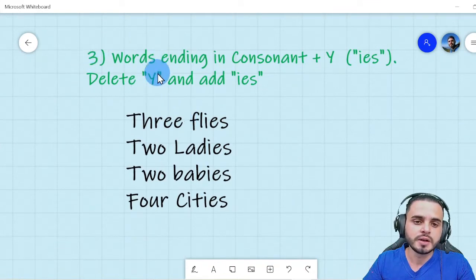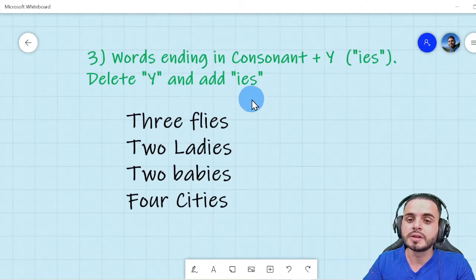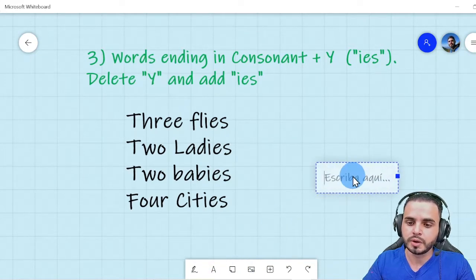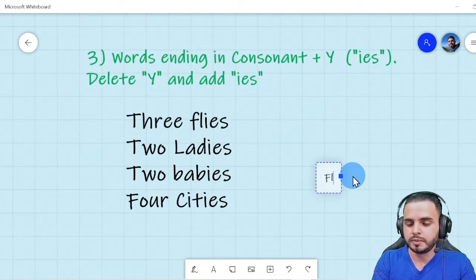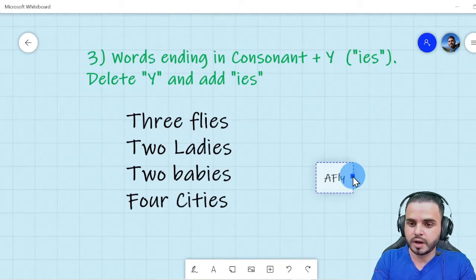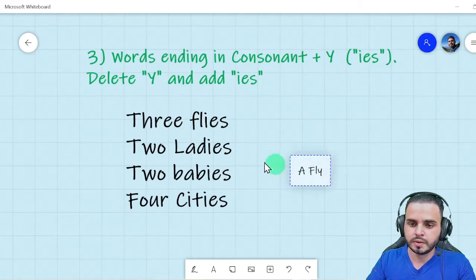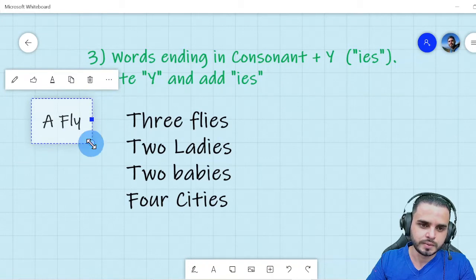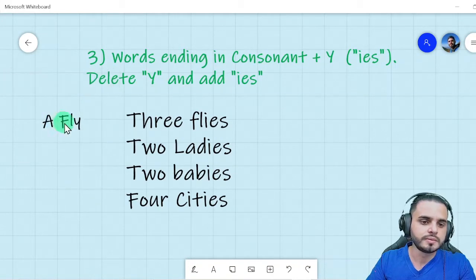And it says that when we have words that end in a Y letter, but before that Y there is a consonant sound. So when that happens, for instance, the word fly, I'm going to write it here to jot it down. So if I see a fly, that's a beetle, those ones that are very disgusting.